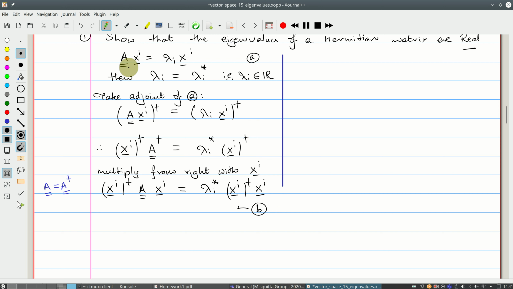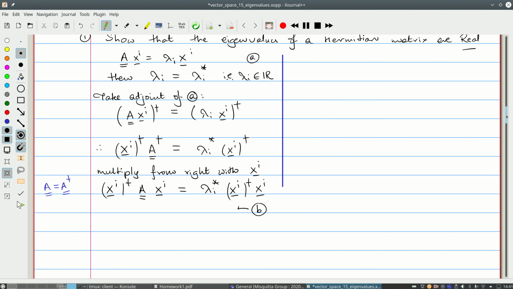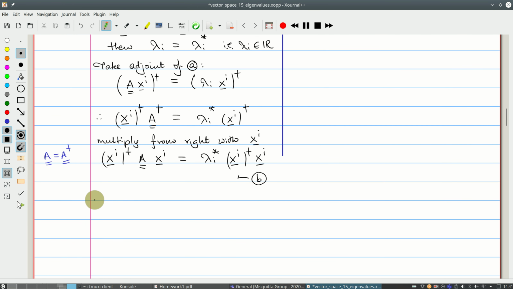Now what I'm going to do is take A and multiply it from the left with xi dagger. I should have done it earlier, but we can do it now.